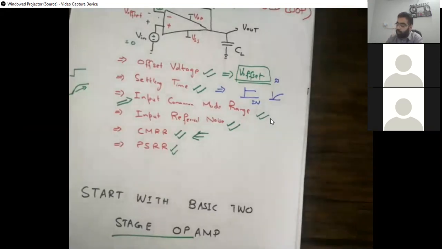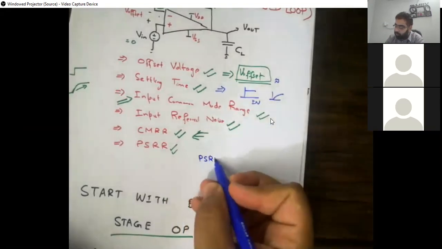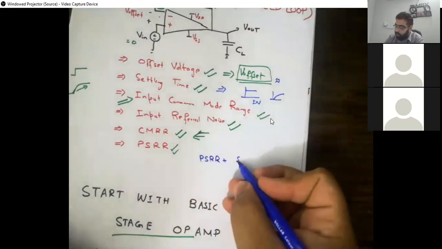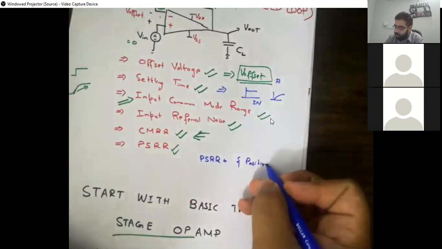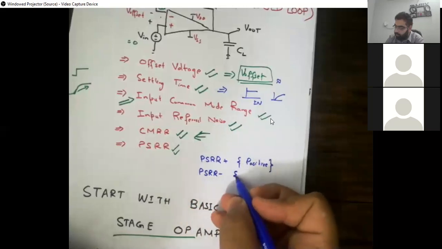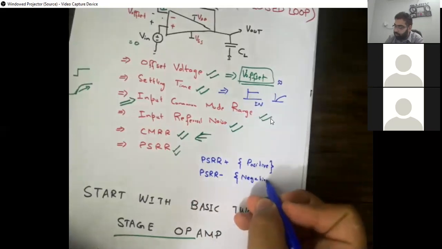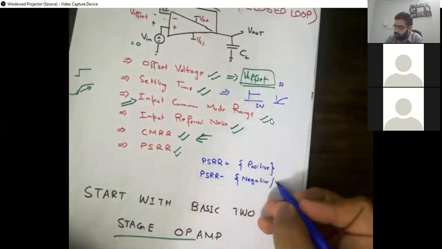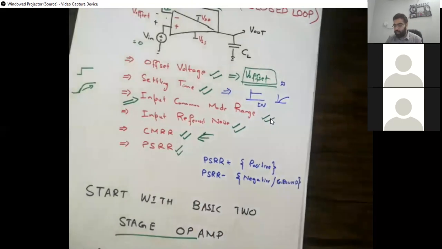So we normally call the terminology PSRR plus, or PSRR positive, for the positive voltage, and PSRR negative for a negative or ground value. So we see the differential gain with respect to any variation in this ground. We'll do that one also in the next lecture, but this is just the idea of what we are looking for.